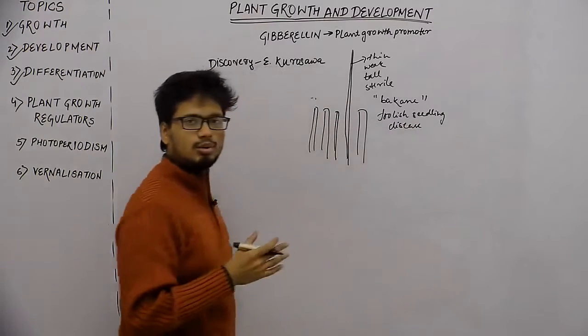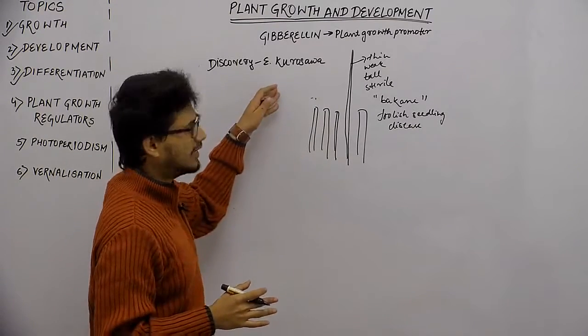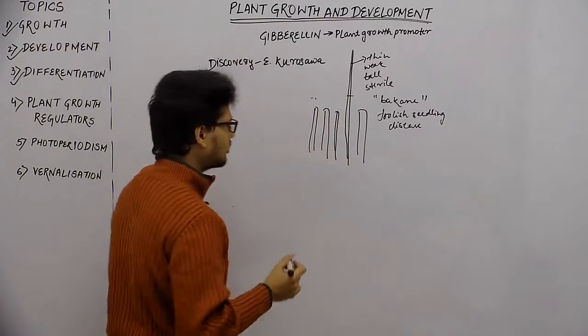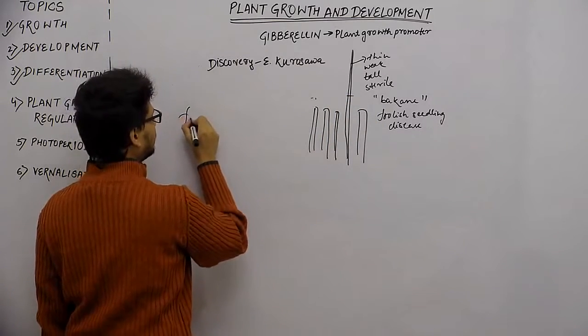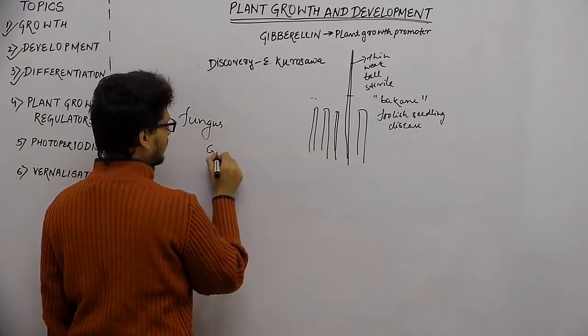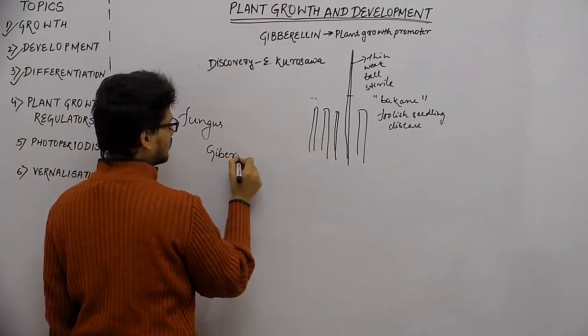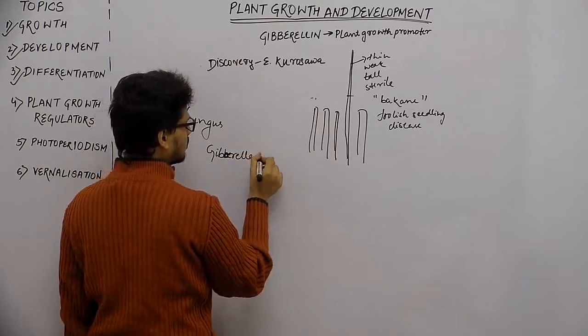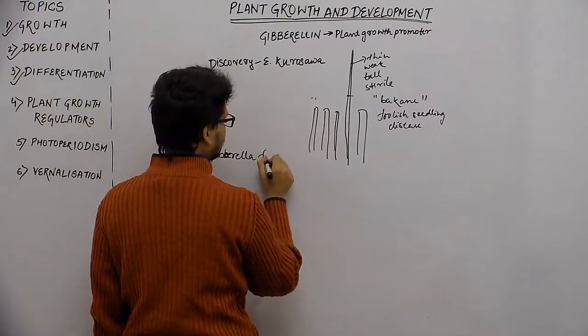Now, what did E. Kurosawa do? He took the plant and discovered that there was a type of fungus, Gibberella fujikuroi.